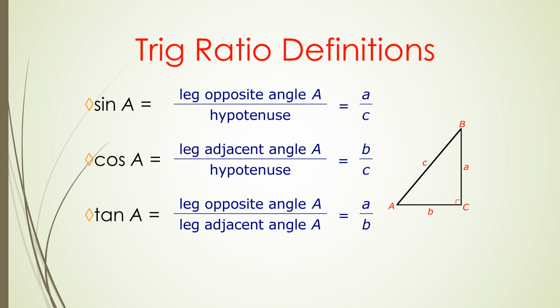there are three sides that we're going to worry about, and those three sides are based on the angle. So for angle A, we'll start with the easy one. One of them is the hypotenuse. Which side's the hypotenuse? C. That's always going to be the hypotenuse.